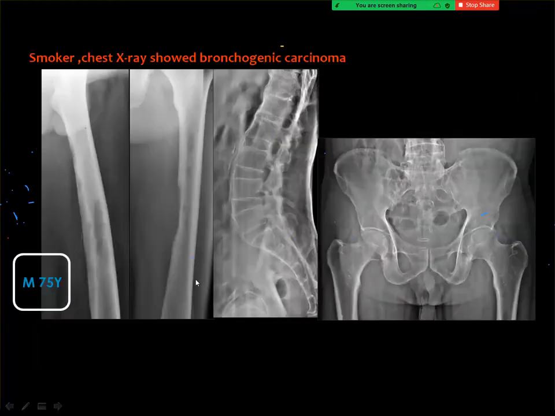This patient is a smoker, and the chest X-ray showed bronchogenic carcinoma. These are the plain X-rays of the femur and the spine and the pelvis.